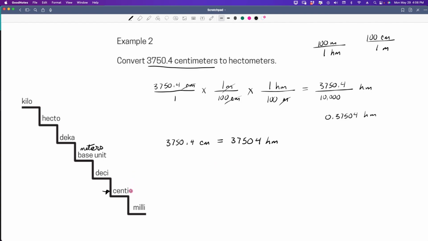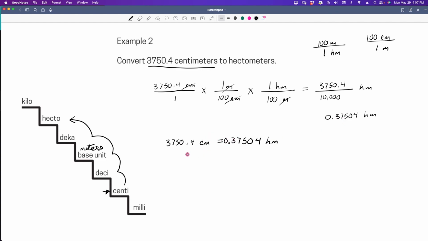I'm going to count from centimeters to decimeters, it's 1, 2, 3, 4. That's where I want to go, hectometers, and that is 1, 2, 3, 4 jumps. So I'm going to move my decimal place from where it is originally, 1, 2, 3, 4. That's the same answer I got over here.